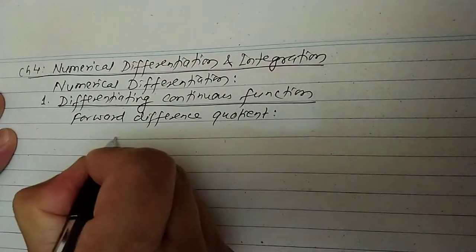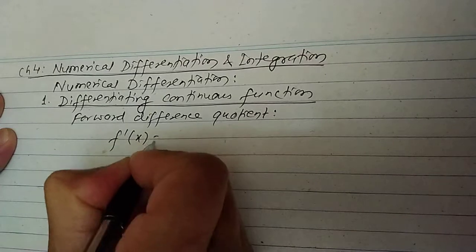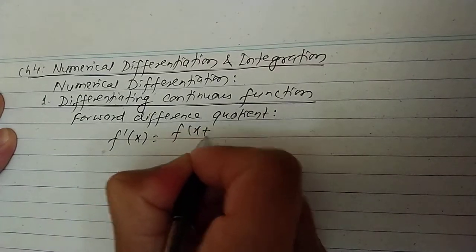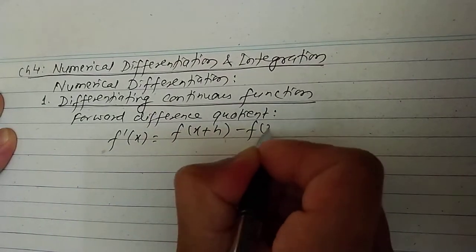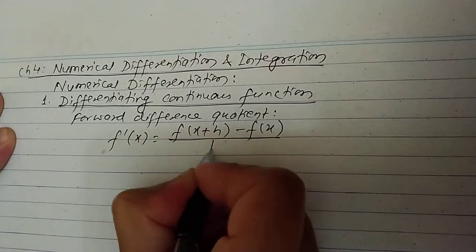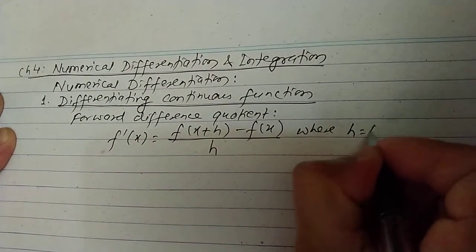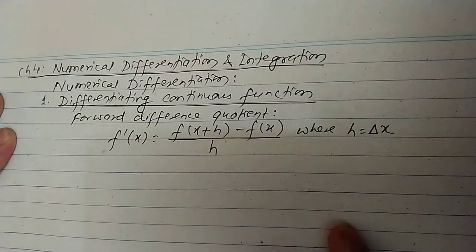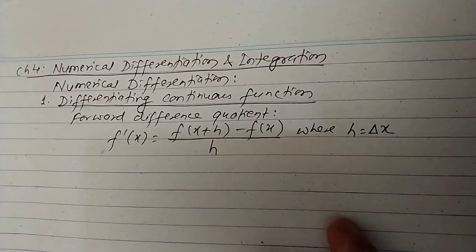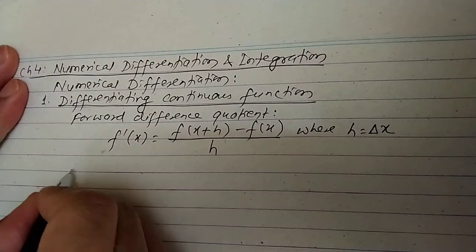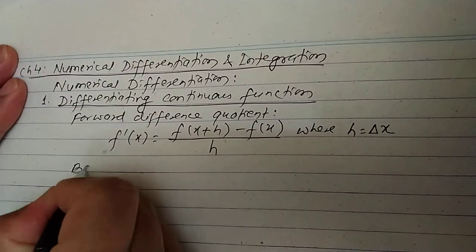In forward difference quotients, we have f dash x equals f of x plus h minus f of x, divided by h, where h is the increment in x.